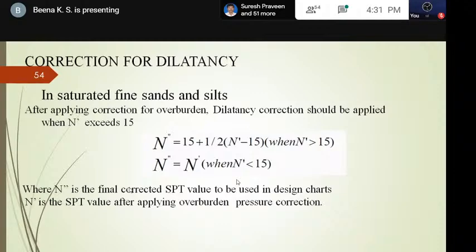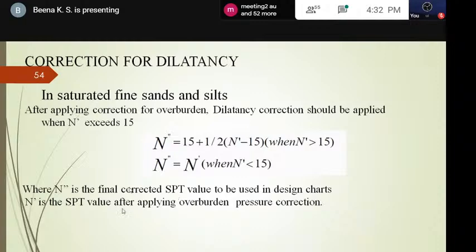Here, again, this is not applied in clay soils. So the correction applies when the N value exceeds 15, and N double dash is equal to 15 plus half of N dash minus 15. This N dash is the value corrected for overburden pressure.